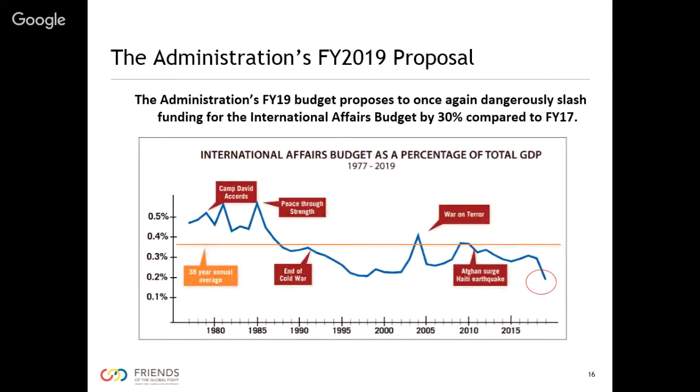The administration's proposal also proposes cuts that would take funding back to levels that we have not seen since prior to 9/11. And it would cut funding for the international affairs budget as a percentage of the GDP to its lowest level since World War II.